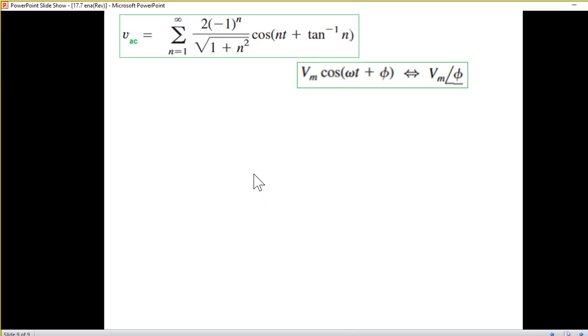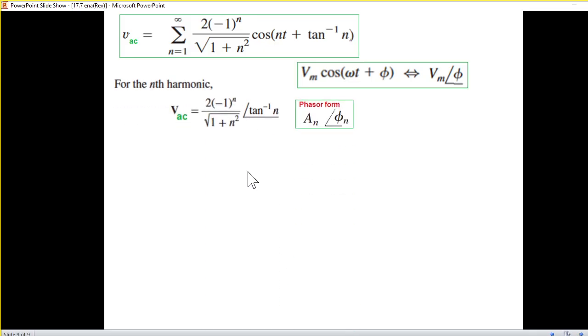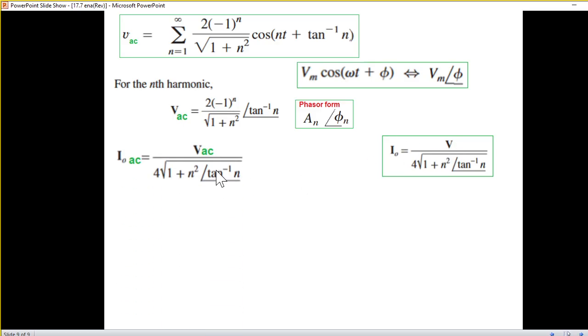Now let's find I0AC. This is I0AC, the magnitude and the phase angle. And this is VAC. We'll use that in this formula. I0 we have found up to this point, and then we'll plug in VAC here. So it will be VAC over 4 into this value.